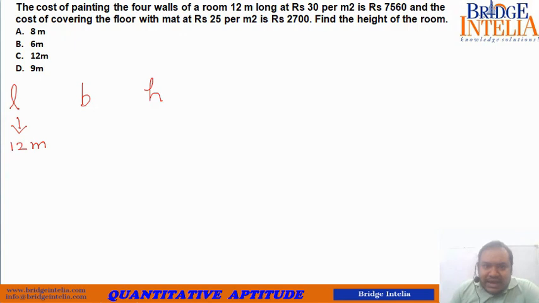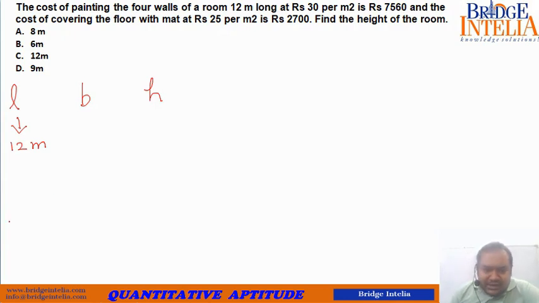The cost at the rate of rupees 30 per meter square is 7560. The cost of painting of 4 walls. We will come to this information later. Let's move to this. And the cost of covering the floor with mat at rate 25 per meter square is this much.